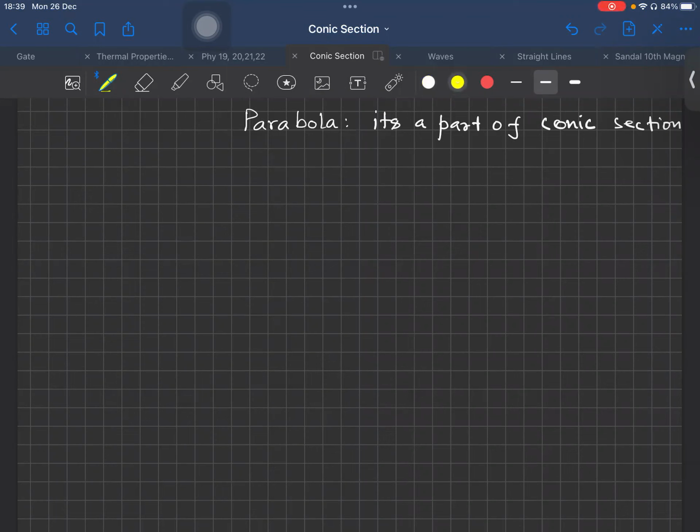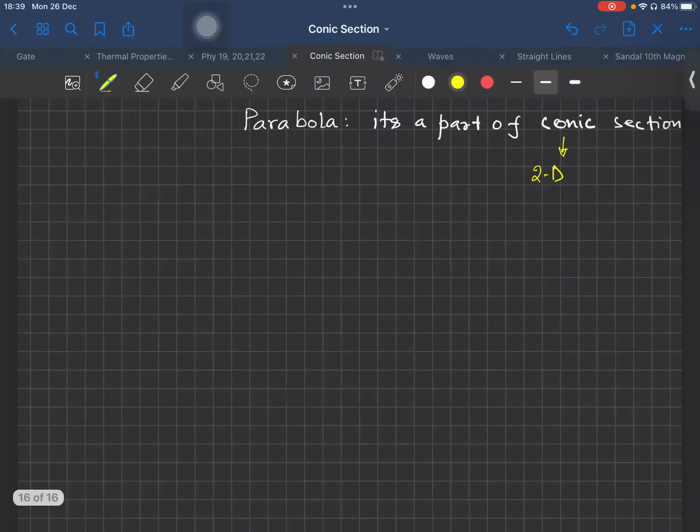What do you mean by conic section? It's a 2D section of a cone, a 2D part of a cone.